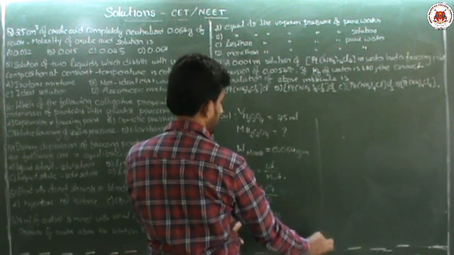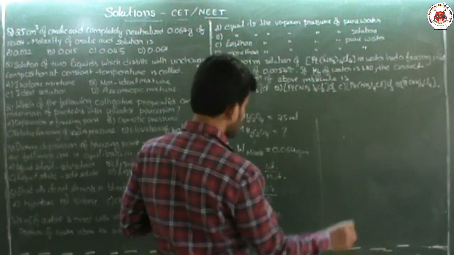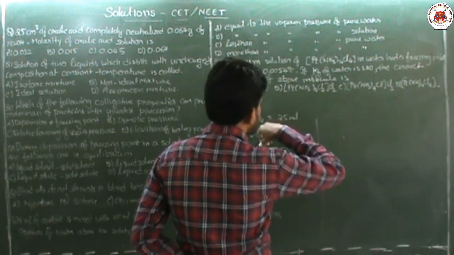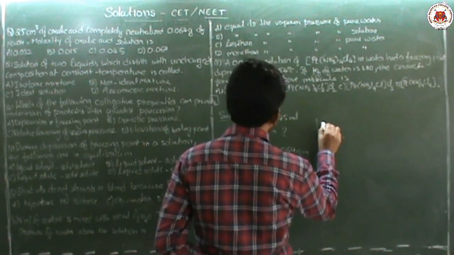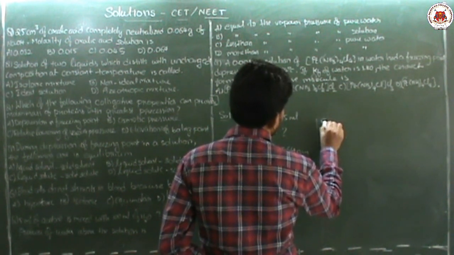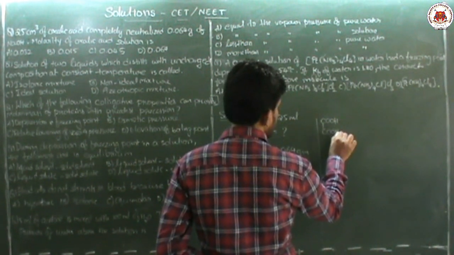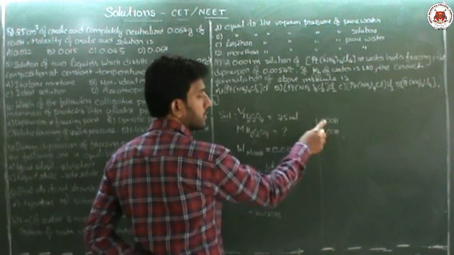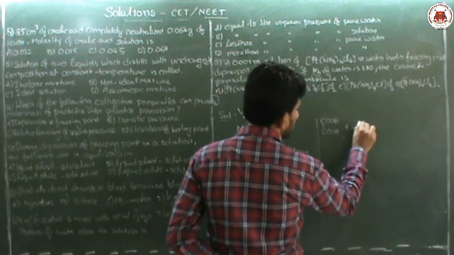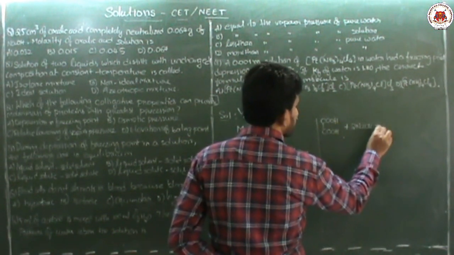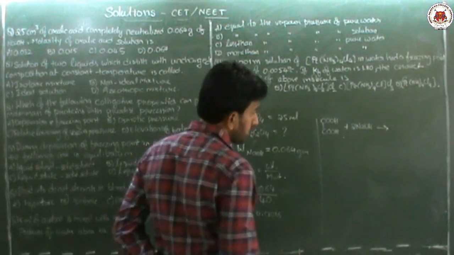Then first calculate the number of moles of oxalic acid because you want molarity. For oxalic acid and NaOH, what is the reaction? Oxalic acid is H2C2O4, that is COOH. 1 mole of oxalic acid can react with how many moles of NaOH? 2 moles, because 2 H plus ions are there.